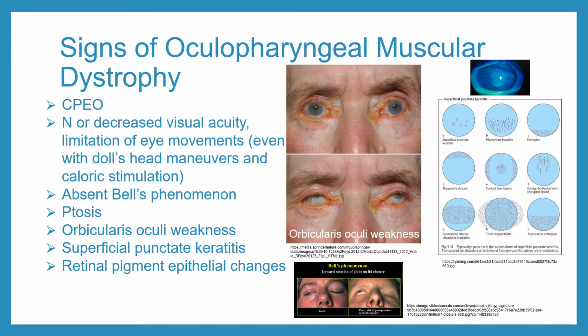Sometimes visual acuity may be decreased, and on extraocular movement, the eye movements will be very limited. Ptosis, orbicularis oculi weakness, as well as superficial punctate keratitis may be seen, and on fundus exam, RPE changes may also be observed.